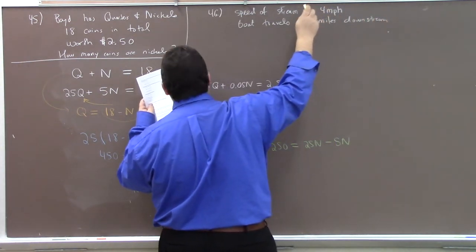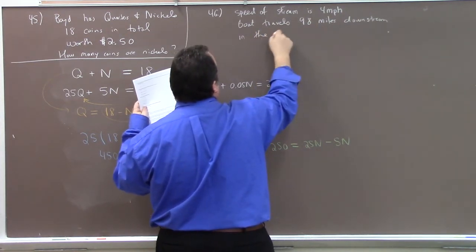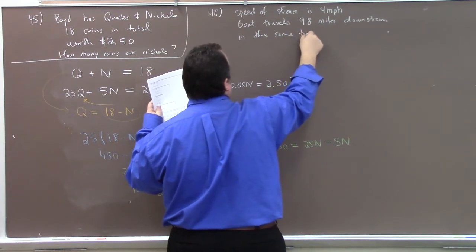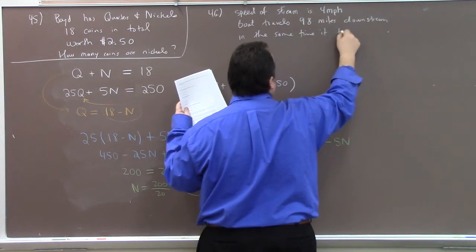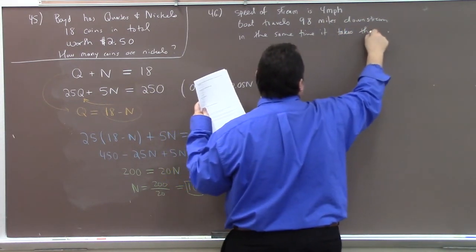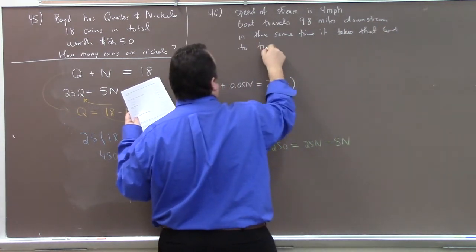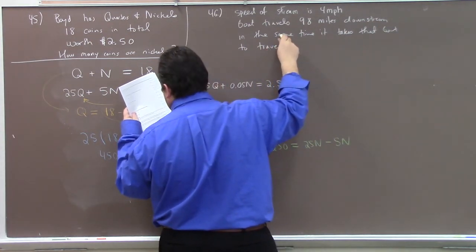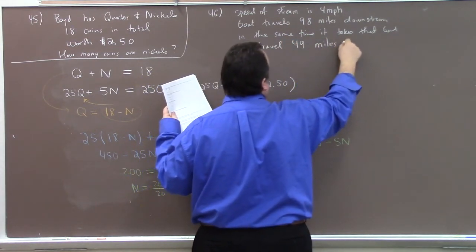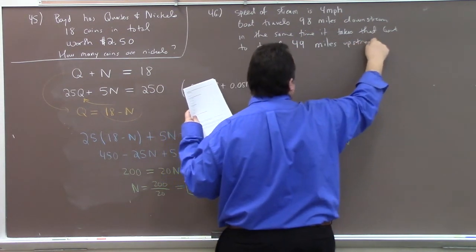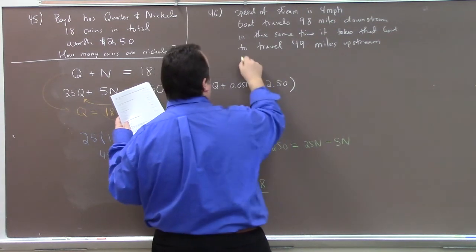In the same time it takes that boat to travel 49 miles upstream. What's the speed of the boat in still water?